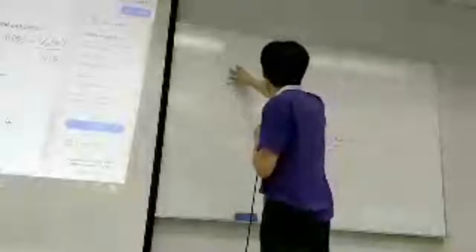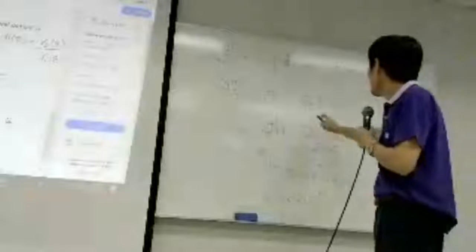The number is the same, but it's just rows. That one stay here, that one go here, this one come down. 1 over, so that's correct.